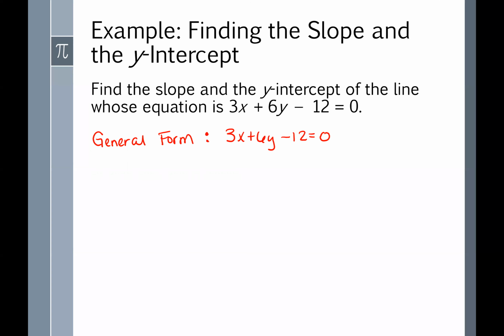It's very useful in other functions. For example, the quadratic function, it's very useful to put the quadratic function in general form, but the line, maybe not so much. Okay, so how do we find the slope and the y-intercept if I have a line in general form? Well, the fact of the matter is I put it in slope-intercept form. So I need to solve this for y.